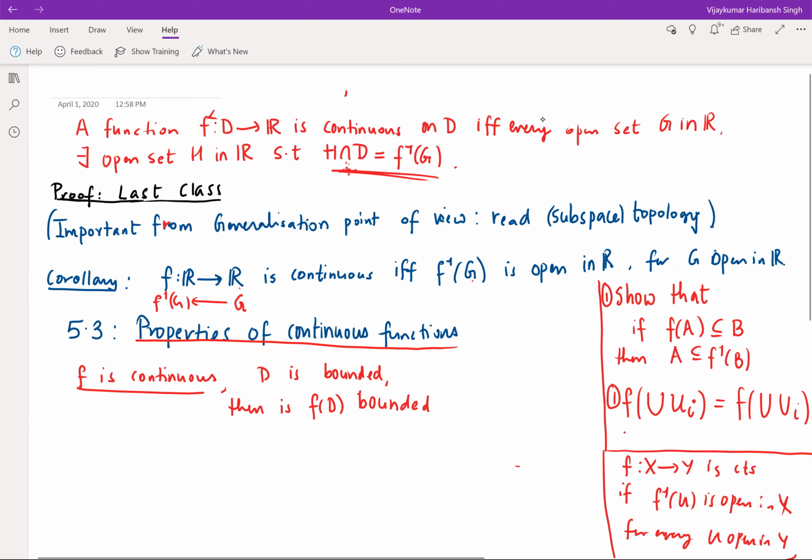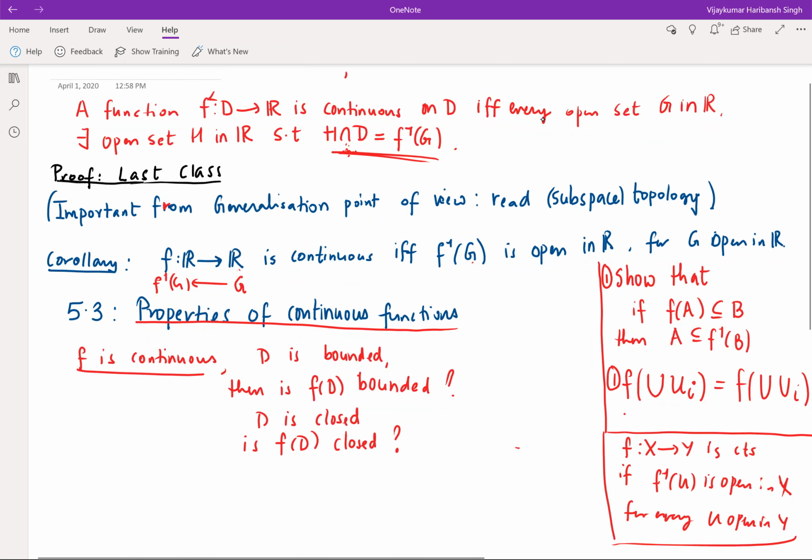A question like that. Or if D is closed, is f of D closed? These are the important questions one should answer regarding continuity.